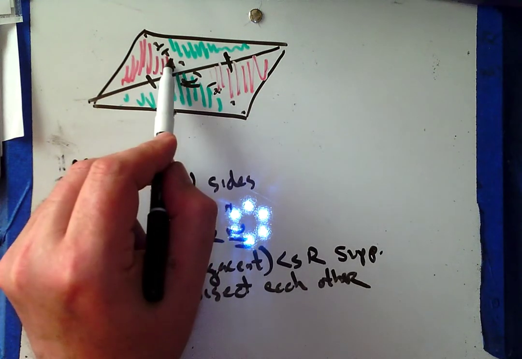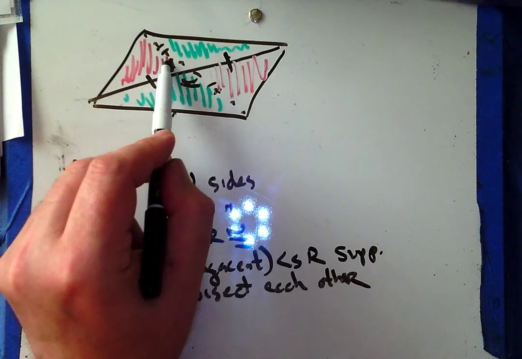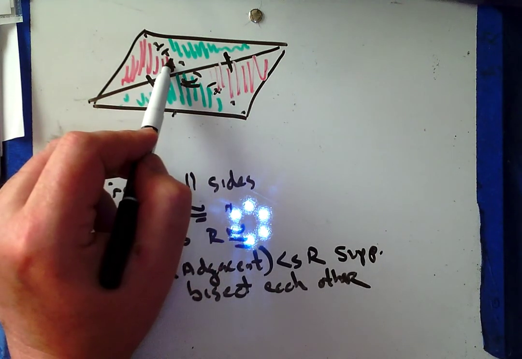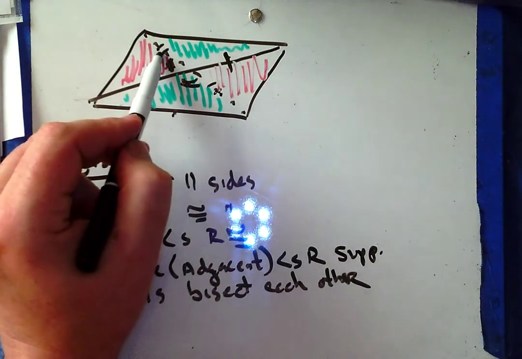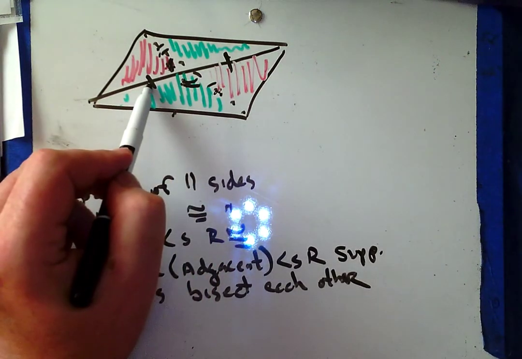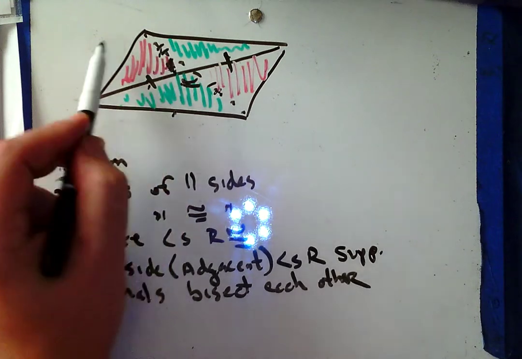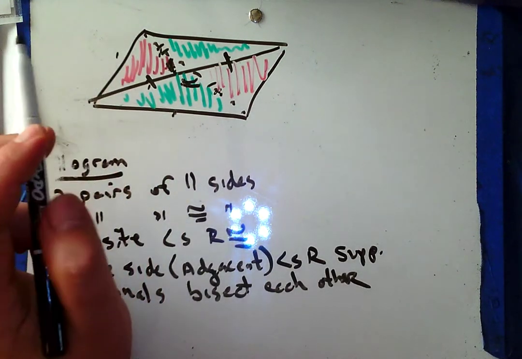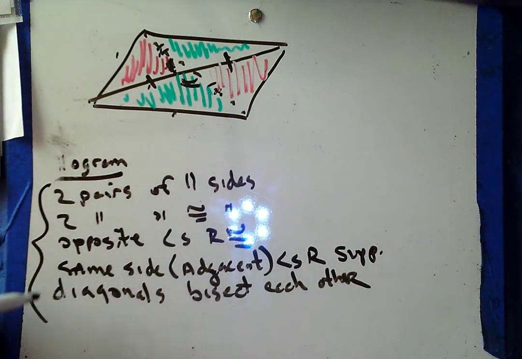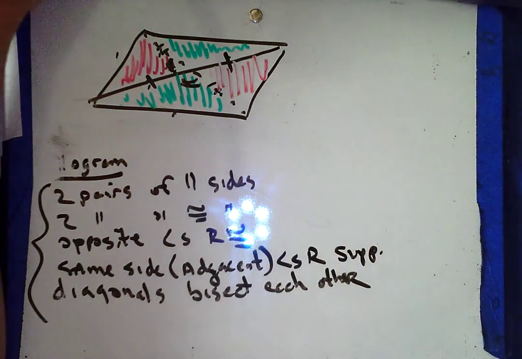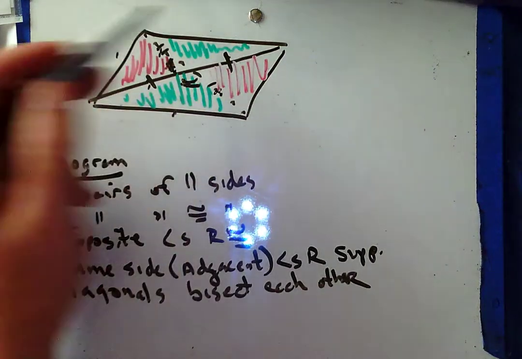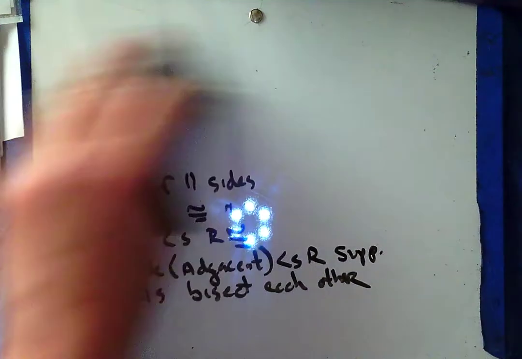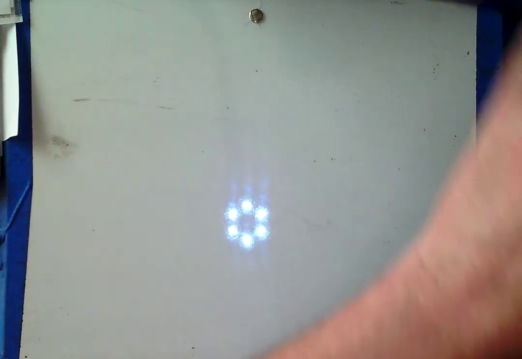You could find this angle by subtracting this angle from 180. And now once you're over here, if you knew this side, then this side must be the same, and you already knew this side, so now you've got side angle side, and you can find that side. So we can use our knowledge of geometry along with law of cosines to find all kinds of sides and angles in parallelograms. And you'll see a couple problems like that in the homework as well.